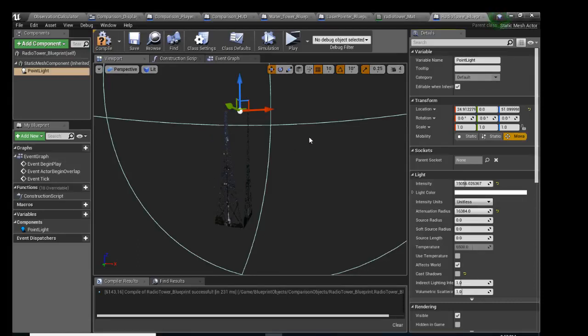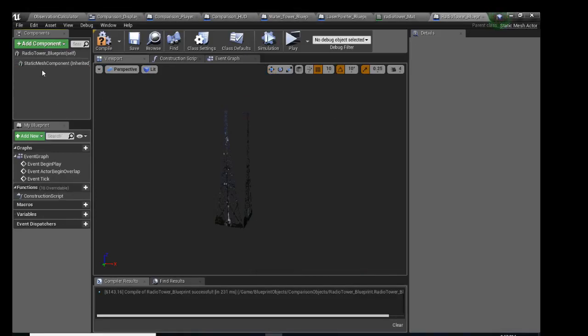Actually, it's probably not good to use an actual light because we don't need it to be casting light on the scene. I think if I just add a sphere.